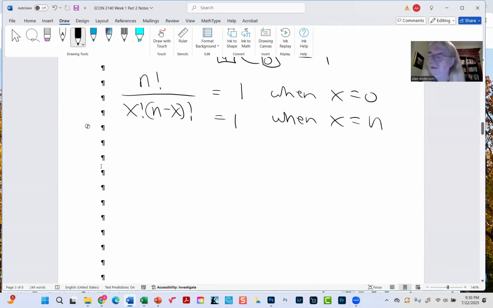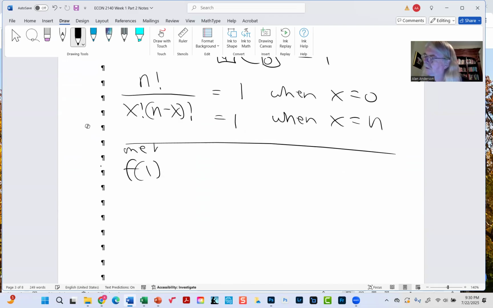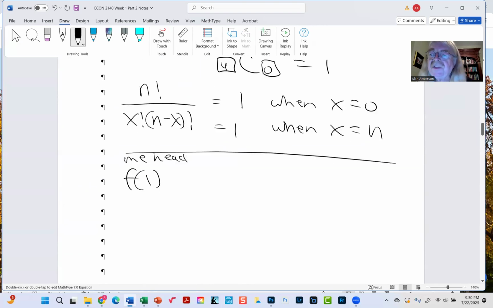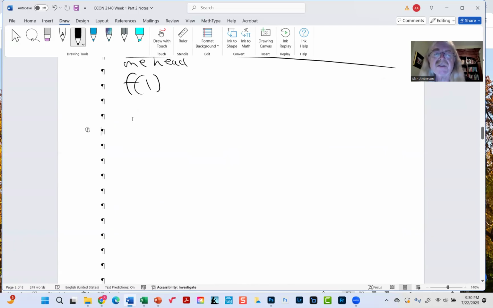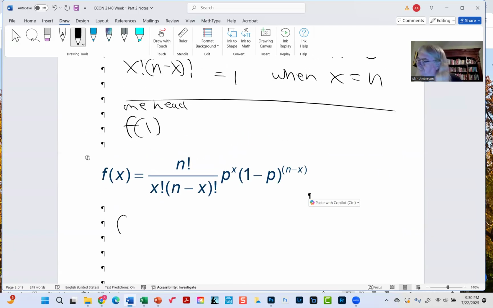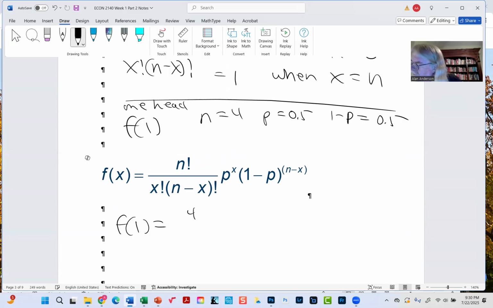So what about 1 head? All right, so let me copy the formula again. Now you notice each time we do this, the only thing that's actually changing is the x. So we'll have 4 factorial over 1 factorial. Now here it's 4 minus 1 factorial.